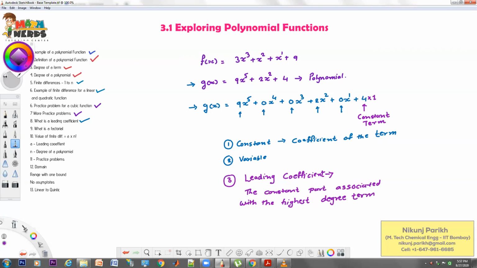So in this case, the leading coefficient is 3. In this case, the leading coefficient is 9. Clear? Any questions on this? Good.